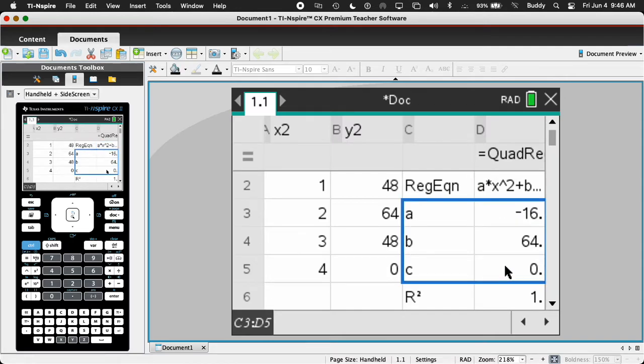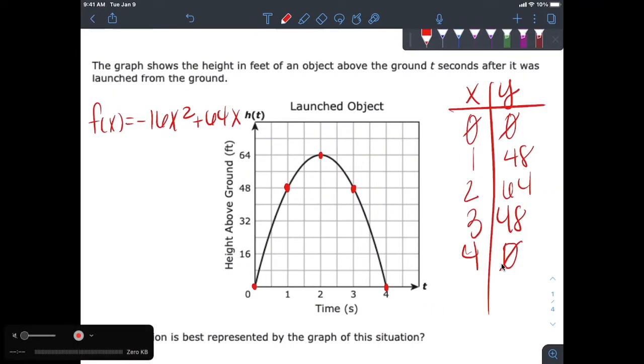And here's my equation: negative 16x squared plus 64x.